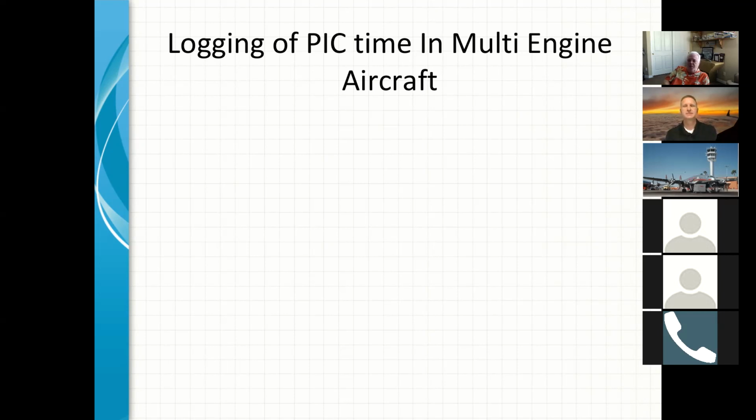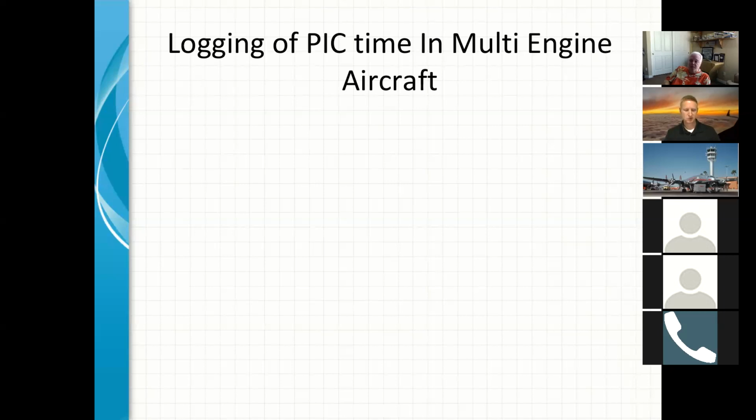So I don't know why this has popped up, but apparently, for lack of a better word, it's kind of being encouraged at a few places to be able to log that time. And that's not what I believe should be happening, because it's pretty distinctive between the two of them. But in our travels out there, if we have an opportunity to educate some individuals on this concept... I know it costs a lot of money to do all this, and everybody's trying to do what they can to get that PIC time, but we do have to stick with the regs and try not to create some obscure interpretations.